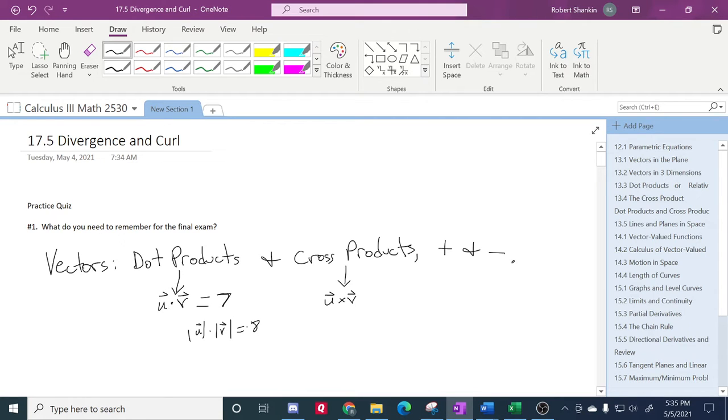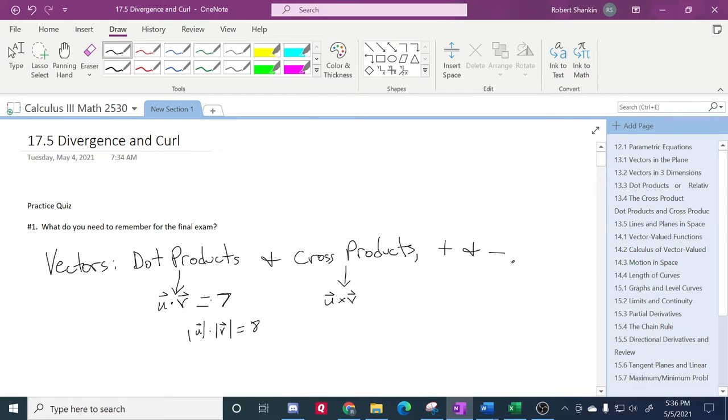So then these two are, what's the conclusion? Are they relatively parallel or relatively perpendicular? Relatively parallel. They'd be exactly parallel if this was 8 as well as this one. But they're close to being parallel, and they're close to going in the same direction.